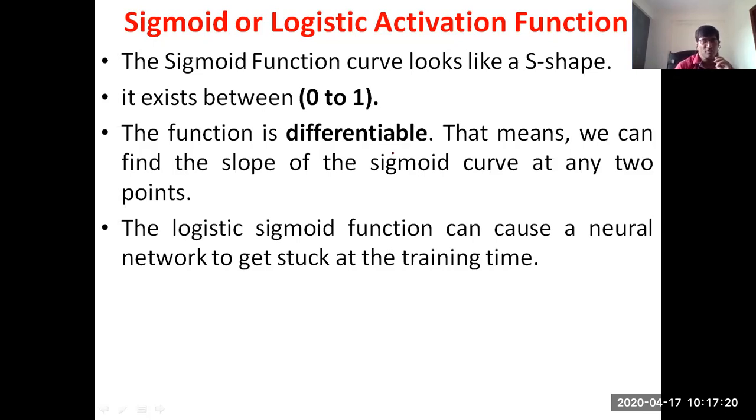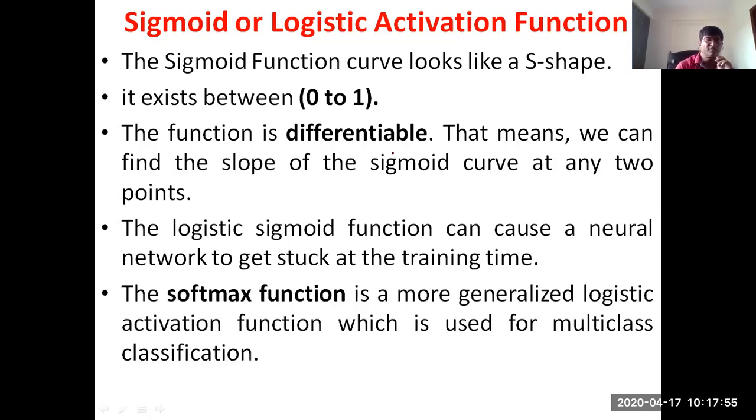So rather than reaching the global minima, we declare a local minima as the perfect solution or as convergence, which is wrong. So the sigmoid function can get stuck in a local minima at the time of training, and that is one of its disadvantages.